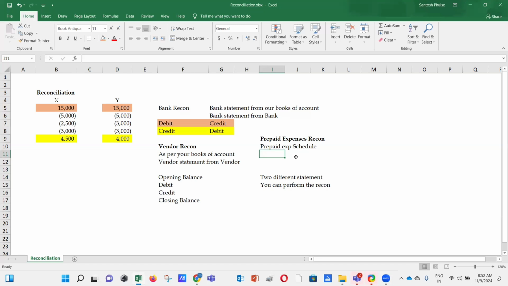When you look at the GL dump, you have the backup details. That's why it's important that for each and every transaction you do in the systems, you have backup details, or you add something in the narration which gives clarity to someone about why you entered that entry in the books of account.